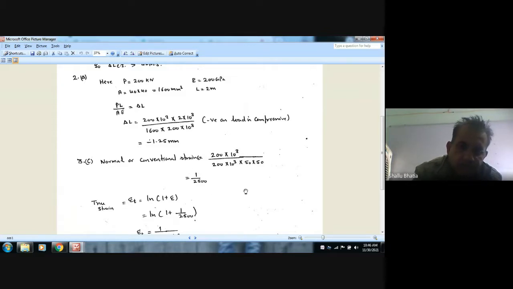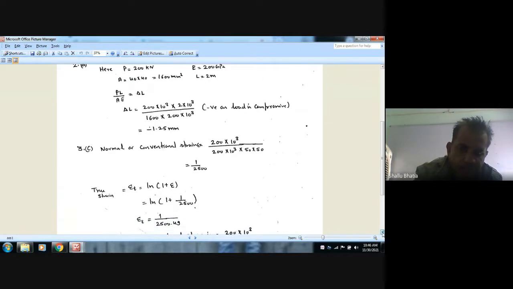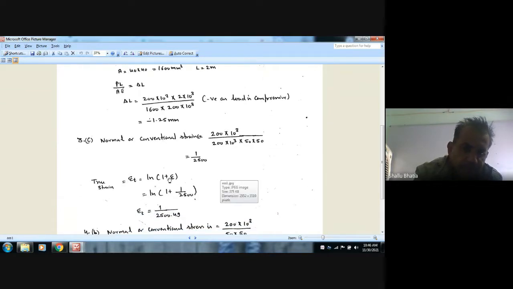Now, using the true strain and simple strain relationship, we can find out epsilon t is equal to ln of 1 plus epsilon, which is ln of 1 plus 1 by 2500.